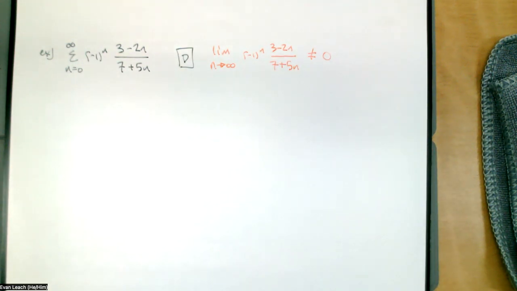An important thing to note on this problem, the reason that I brought this particular problem up: the series diverges. That's all we need to say. The limit of the terms is not 0. We are done here.